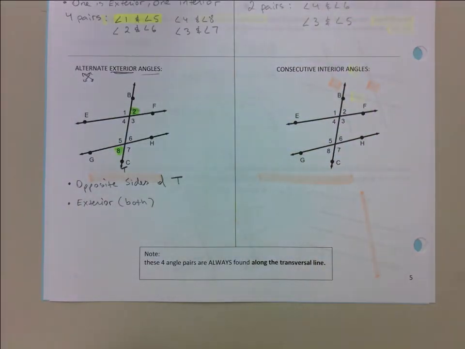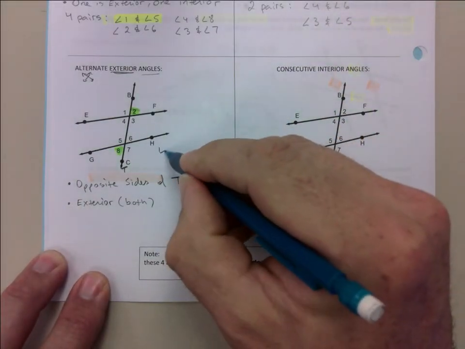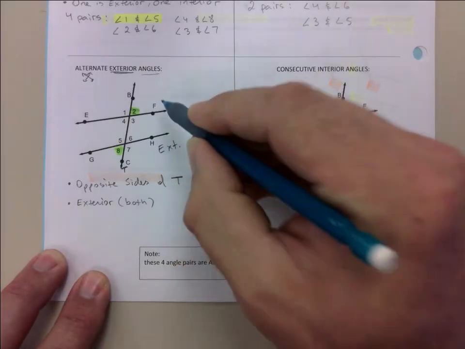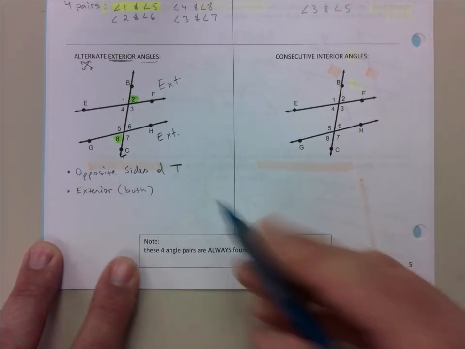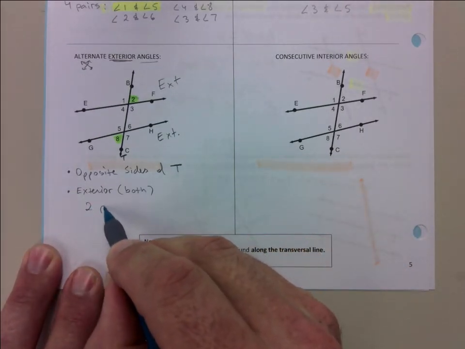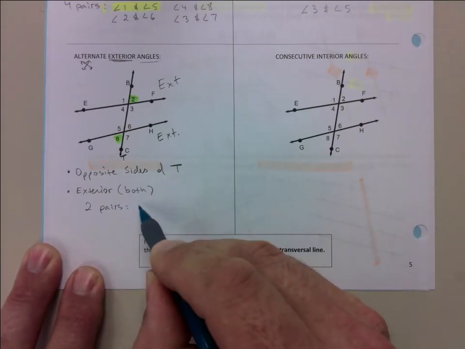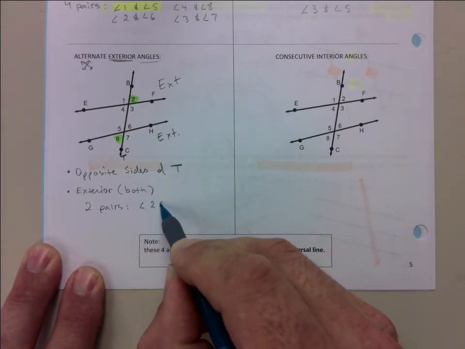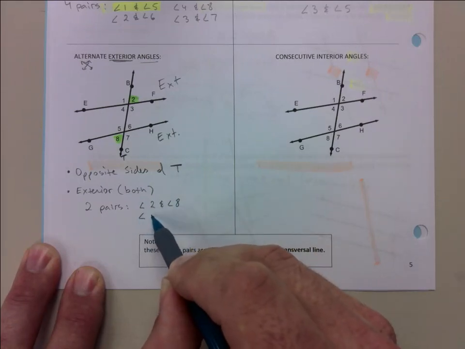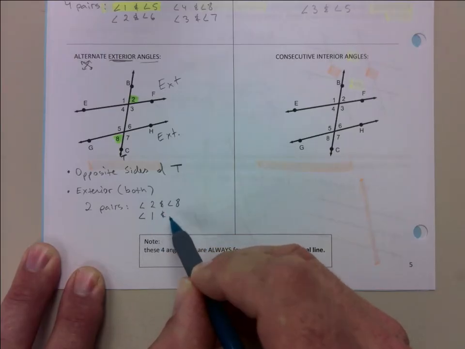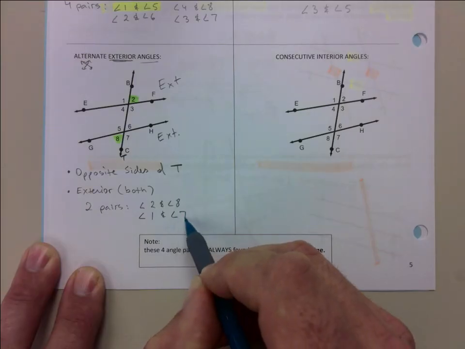So you're basically just focusing on exterior. There are 2 pairs in this case. Angle 2 and angle 8, as well as angle 1 and angle 7.